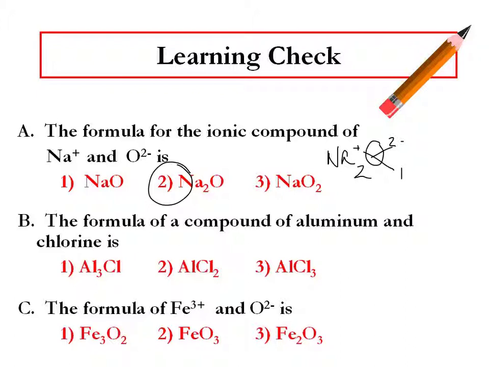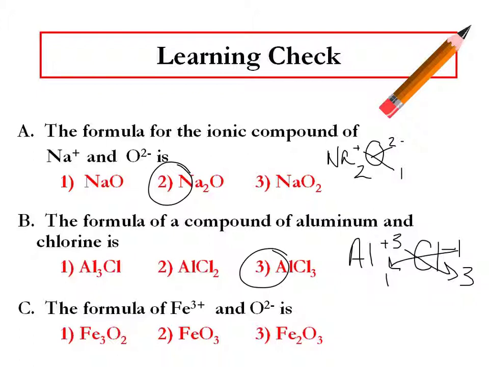Okay, aluminum and chlorine. Aluminum in this case has a +3 charge. It's in group 3, so that's how you know it has a +3 charge. Chlorine has a -1 charge or oxidation number because it's in group 7. Then we just crisscross the charges to make it neutral. So you would get answer 3 here.